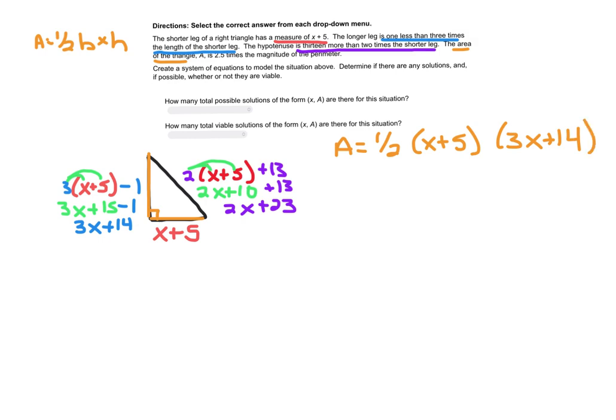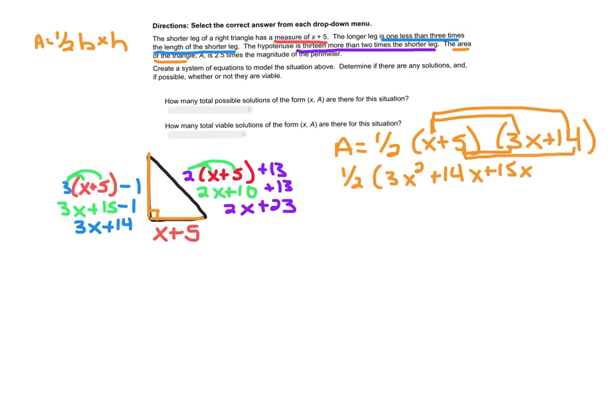So let's start with using our distributive property, aka the FOIL method in this case. So 1/2 times x times 3x is 3x squared. Outside, x times 14 is 14x. Inside, 15x. Last, 5 times 14, 70.